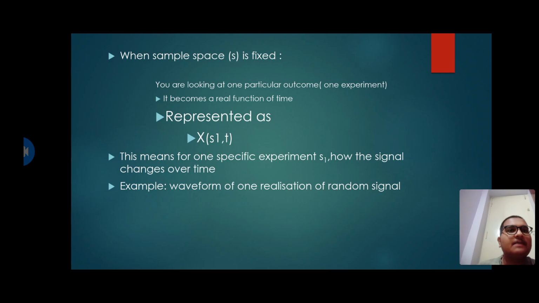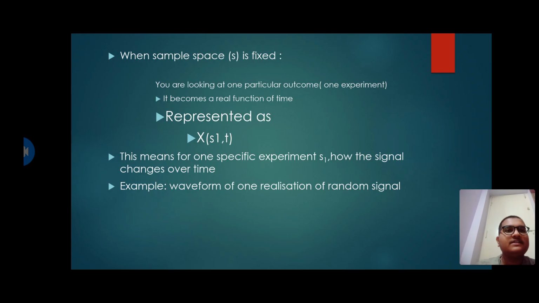Next, when sample space is fixed, you are looking at only one particular outcome, like one experiment. It becomes a real function of time, represented as X(s1, t). This means for one specific experiment s1, how the signal changes over time. Here we consider different time intervals, but the sample space is fixed.